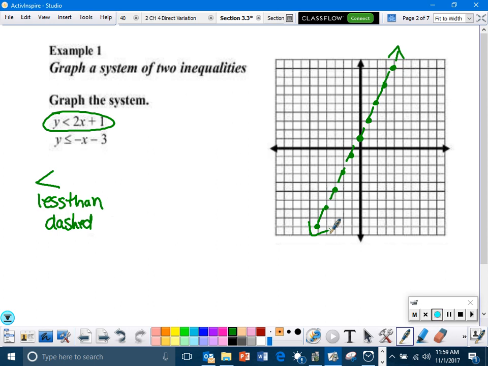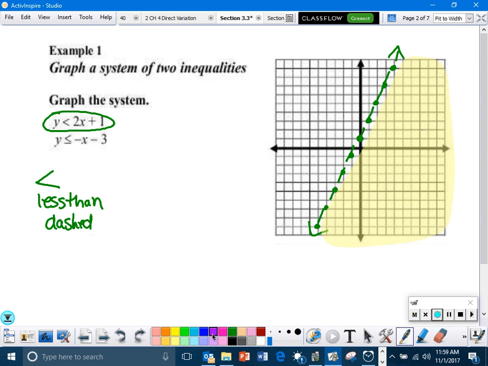Now if I shade this, I do not need to check a point because it's in slope-intercept form. It says less than, so that means I am going to shade below. Let me pick yellow. I'm going to shade below that green line. So this is the solution to that inequality.